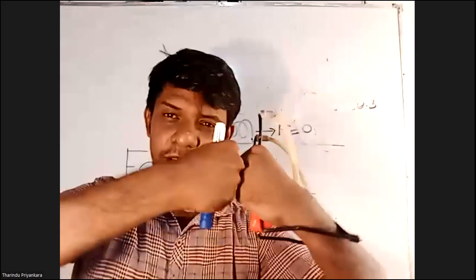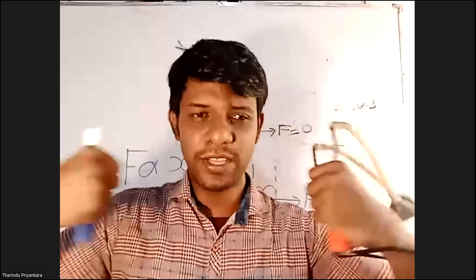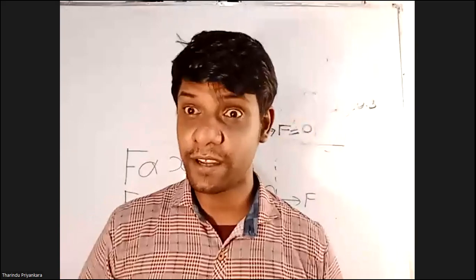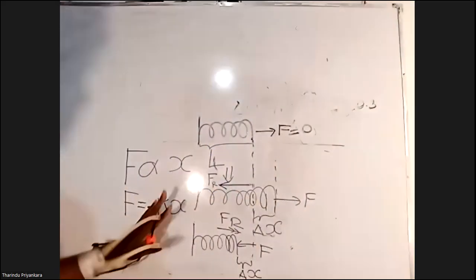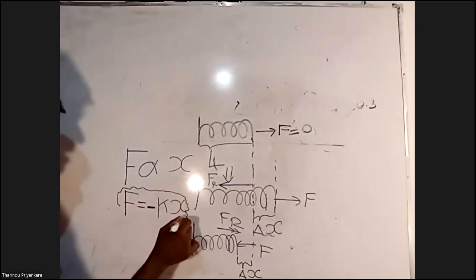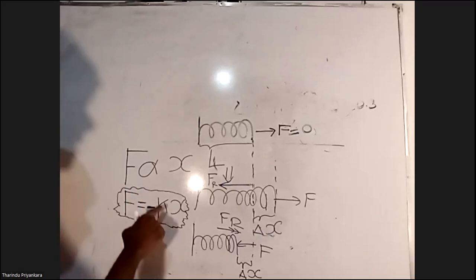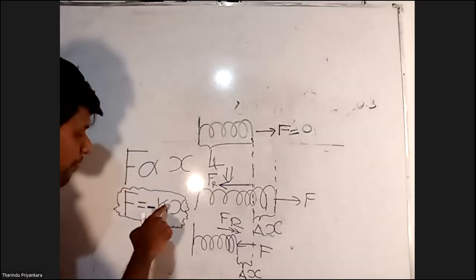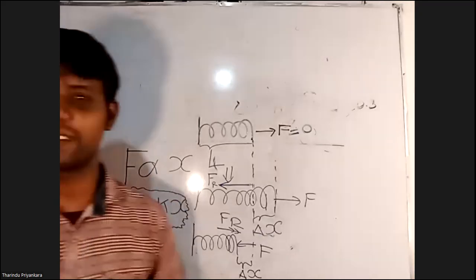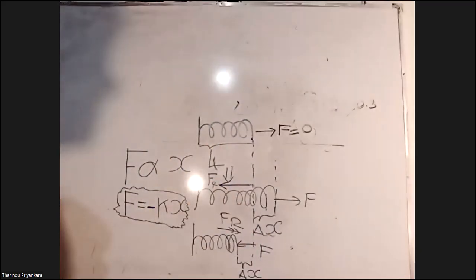When we extend, the spring tries to pull things back. So that's why the negative sign stands for the force being applied against the direction of what? Extension. Mark it. Copy this and write the reason quickly.